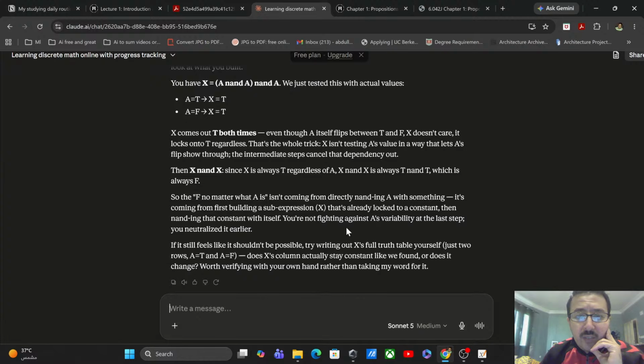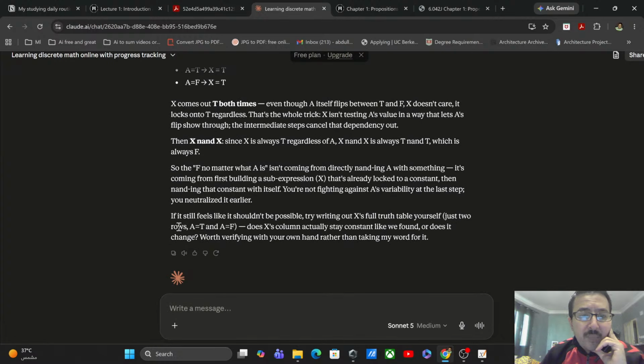You're not fighting A's variable at the last step. If it still feels impossible, try thinking out X's full truth table. Just 2 rows.